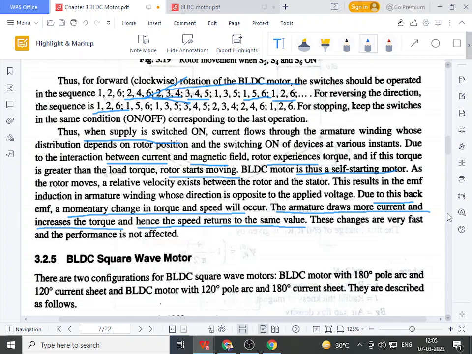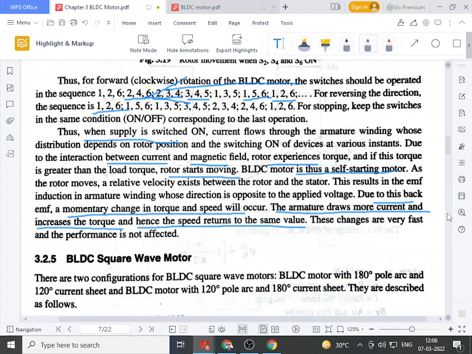If EB decreases, armature current increases, because armature current is V minus back EMF divided by impedance. So if speed decreases, armature current increases.